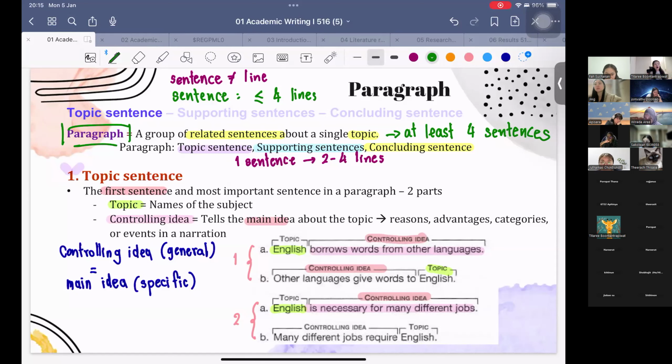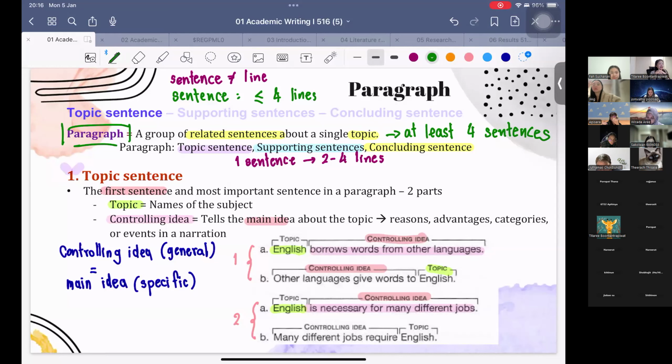It acts like a guideline sentence, an overview sentence that gives your audience what would be included in this paragraph in general, not in detail. That is the idea of having the topic sentence.